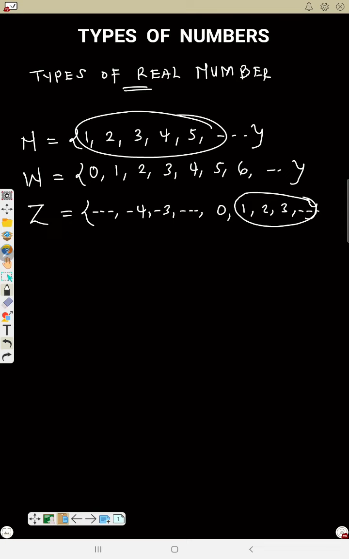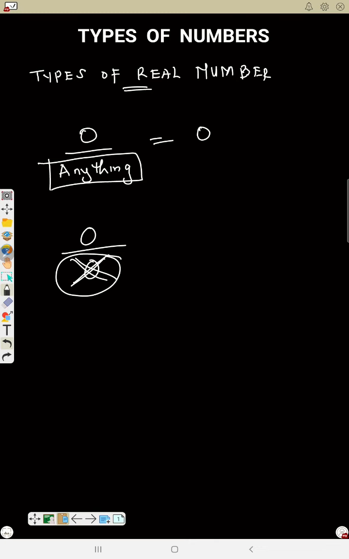So if the denominator is not 0, then for any other number the answer will be 0. So that means 0 is an even integer, because the property of an even number is that any number you divide by 2 and it does not have a remainder is an even number. That means 0 divided by 2 will give me 0, so no remainder. That means 0 is an even integer.